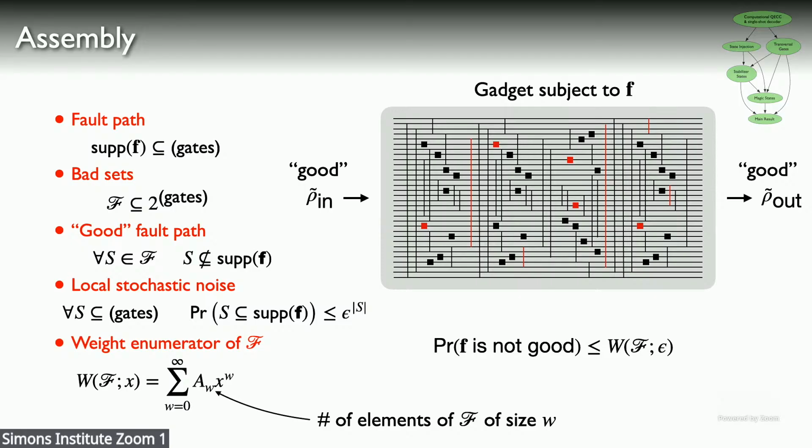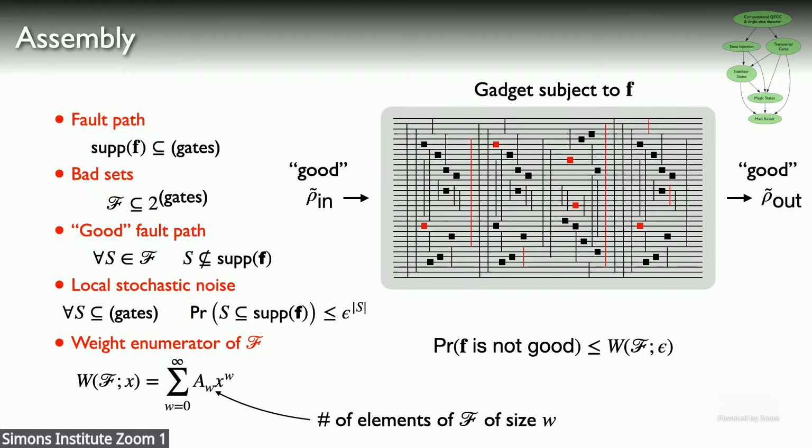And it just counts the number of elements of each size. And what we can do is give a union bound for the probability that the fault path isn't good, that is, that it contains one of these bad fault paths, just by evaluating the weighted numerator at this parameter epsilon here.